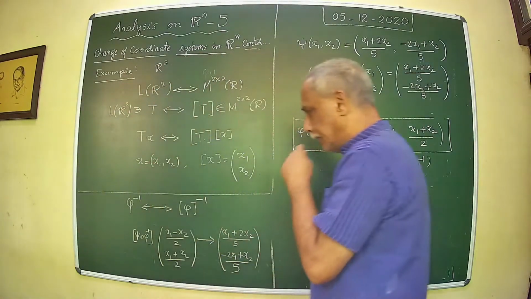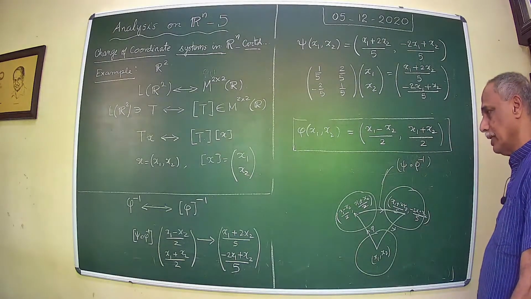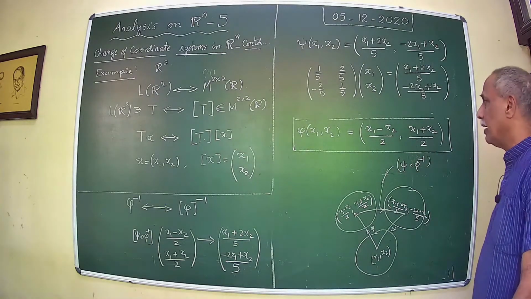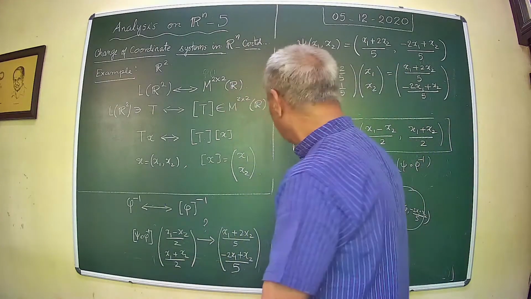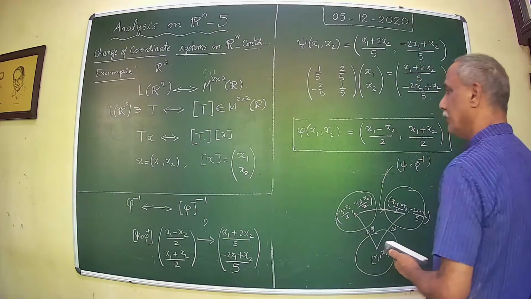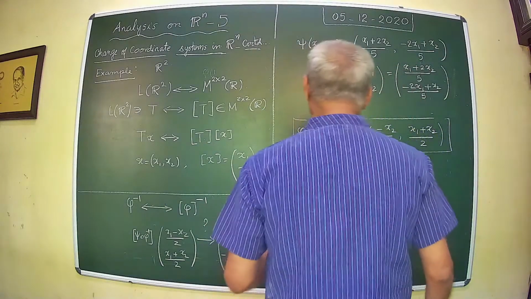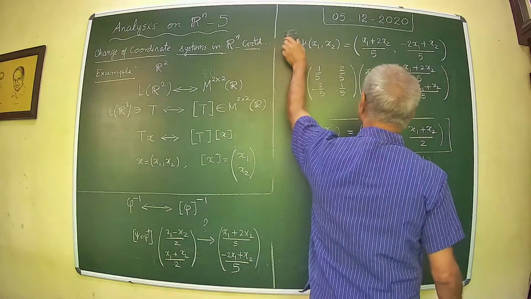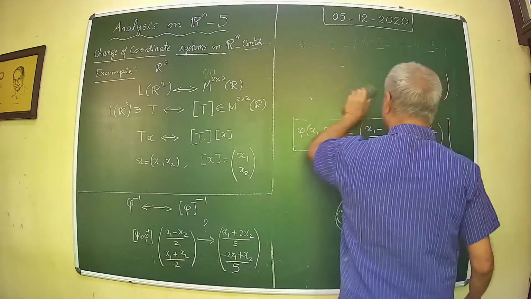So what is the matrix of that? My claim is this. This is really true. We'll verify, because the verification will give you some confidence in generalizing this. I think that you should put your hand on examples.